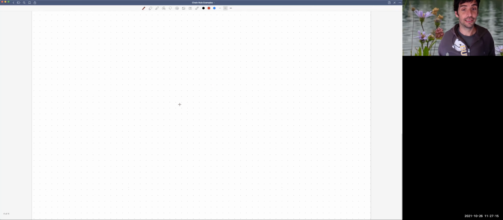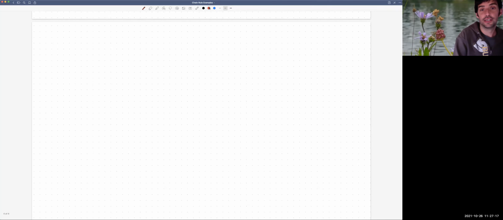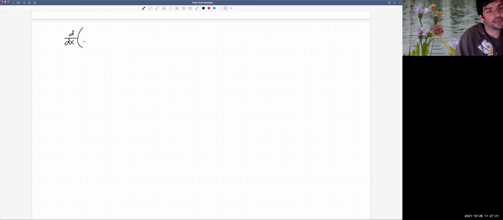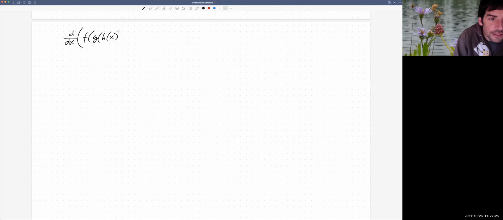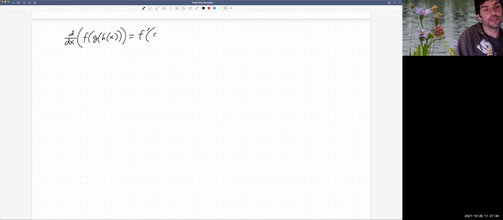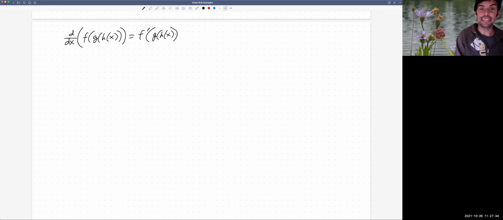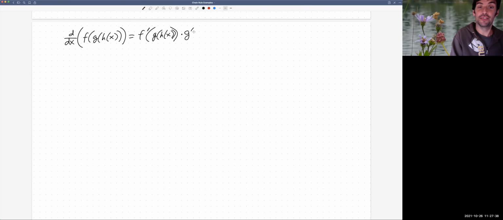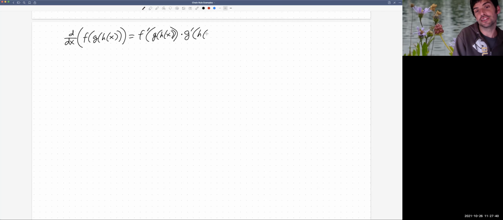Symbolically, what we just did was see that the derivative of three nested functions was the derivative of the first one, leaving the inside stuff alone. Then we have the derivative of the next nested function, leaving the stuff inside alone.